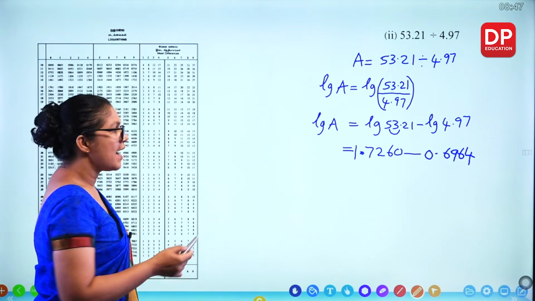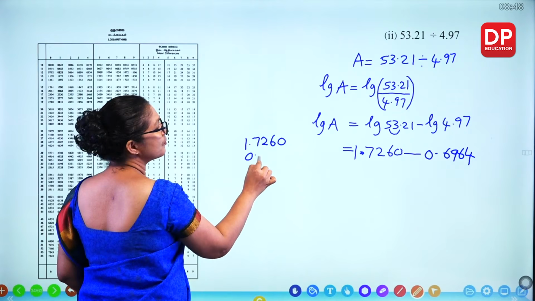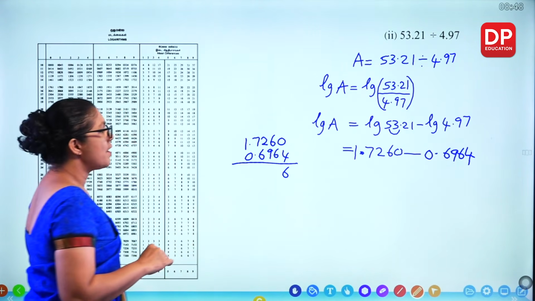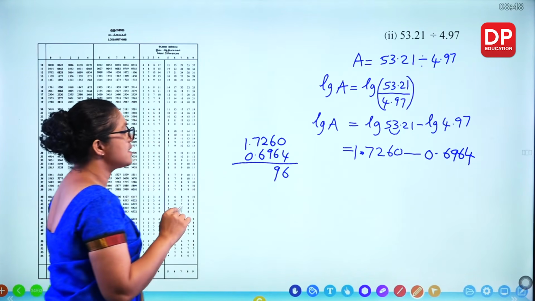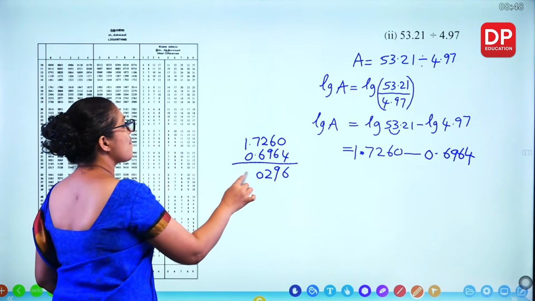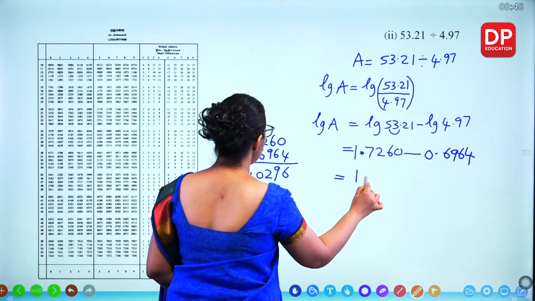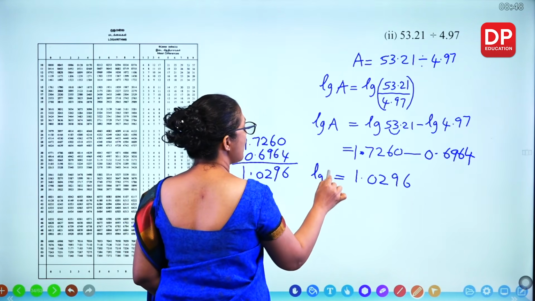Now we'll subtract these two. 6, 4, 10, 1 remaining. 7 and 9, 16, 1 remaining. 10, 2, 1 remaining. 1. So you get 1.0296 is LG of A.